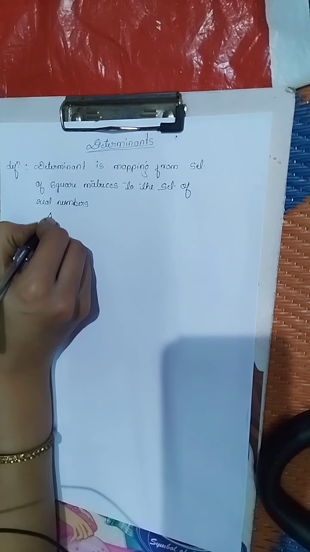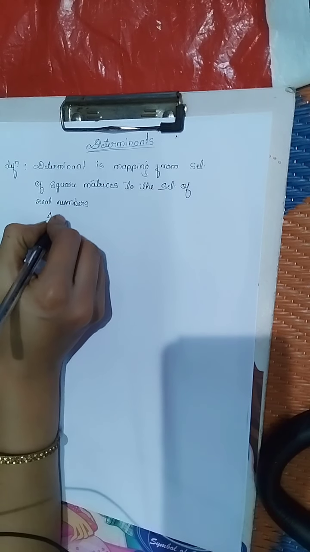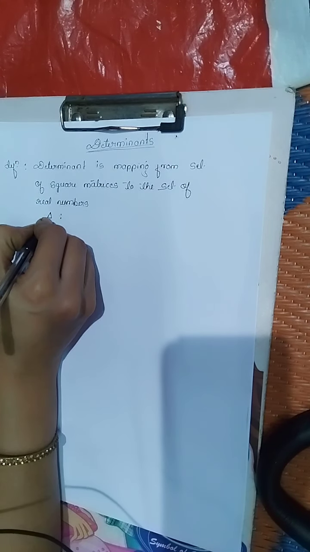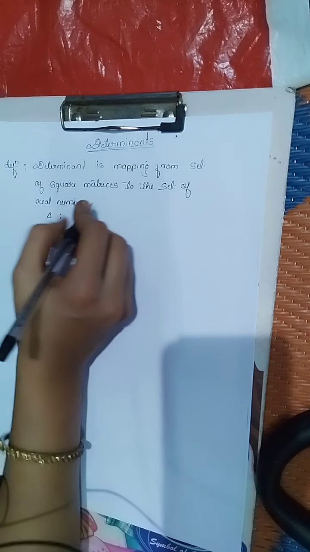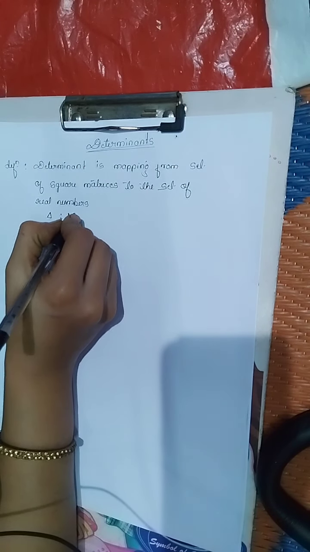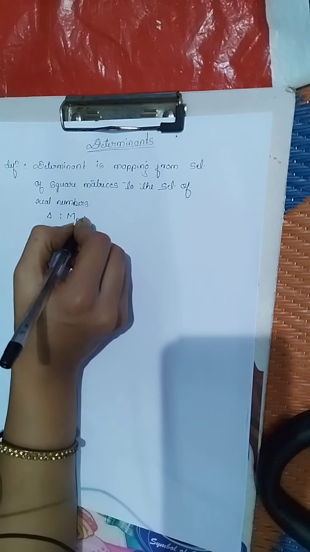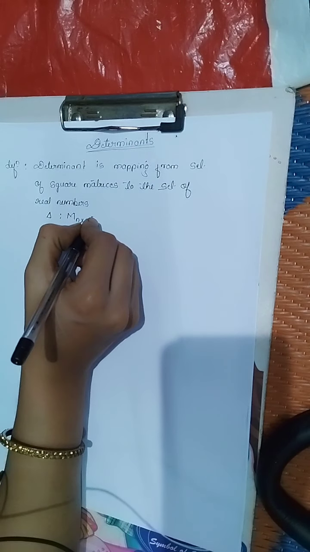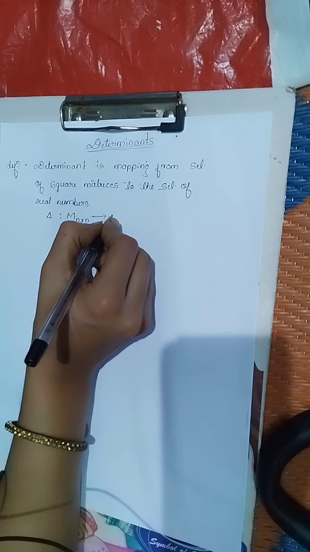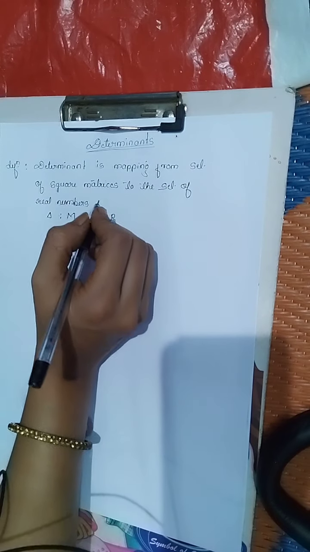This can be symbolically written as delta. Our determinant delta is defined from the set of square matrices, that is M n cross n, to the set of real numbers R.